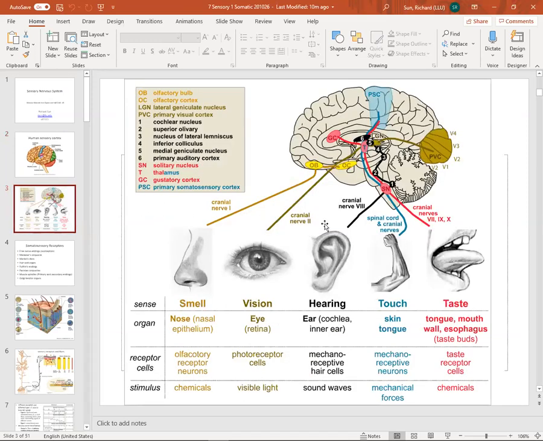This one shows you that different signal inputs go into the major sensory cortex, which receives signals from our periphery. The vision comes from the eye, the primary somatosensory cortex receives from our skin, and this one through the organs in the skin, tongue, and the receptors are mechanoreceptors.